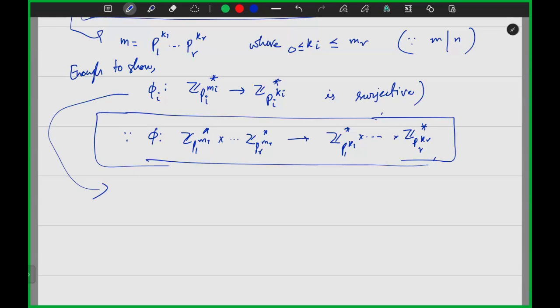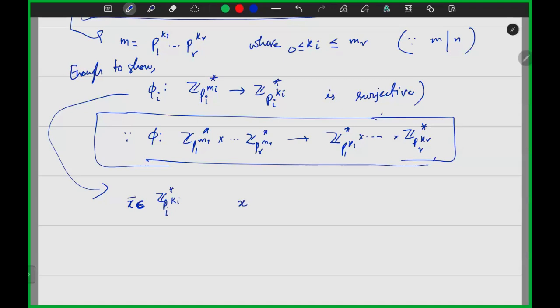Now how to show that? Take any unit, let x belong to Z star of p_i^ki. What is the property of this x? x is a unit.